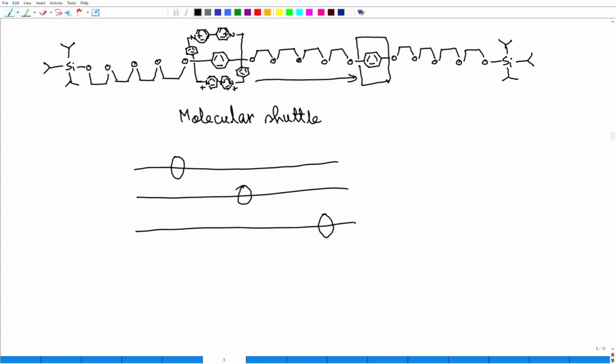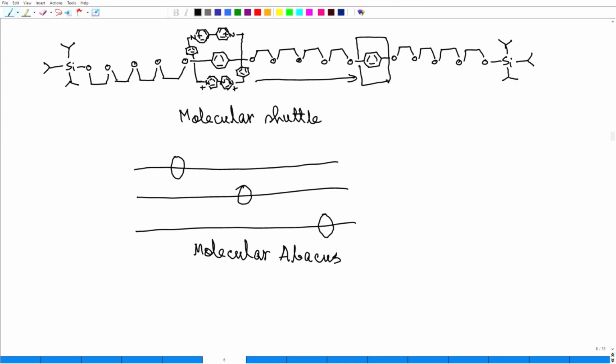The macrocycles can go from one to the other, so it is called a molecular abacus. So, we can make various designs with these rotaxanes and pseudorotaxanes.